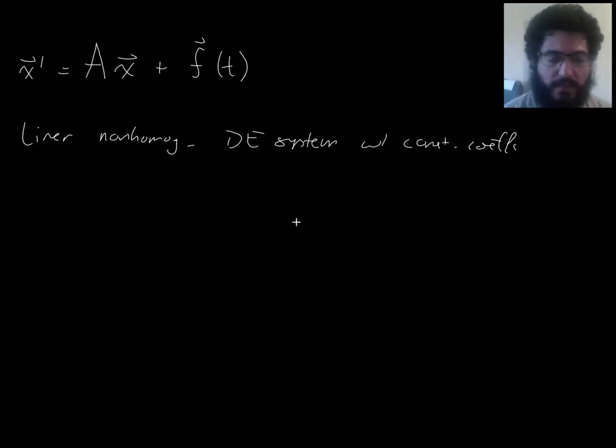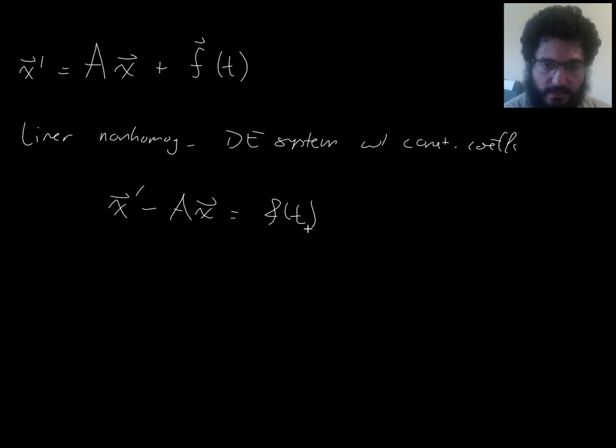And how about a quick reminder as to how this is linear non-homogeneous? If I subtract the Ax to the other side and write it like this, then I've got a linear operator being applied to x on the left-hand side.